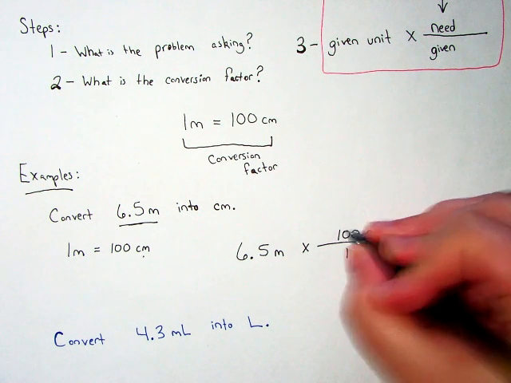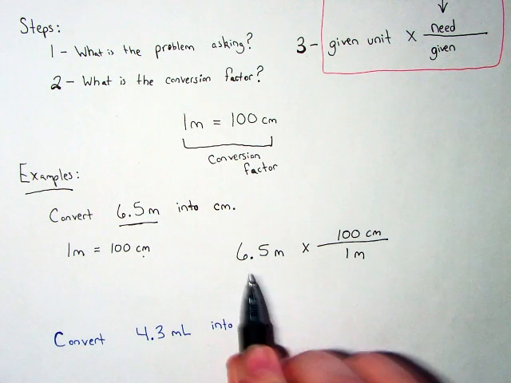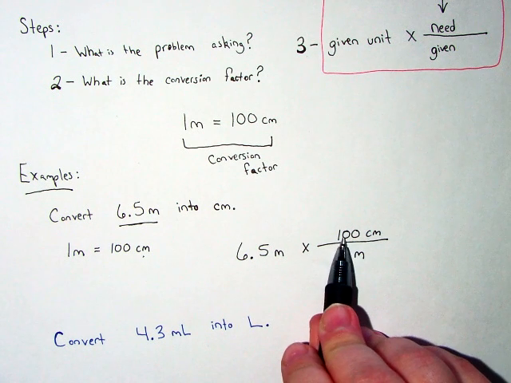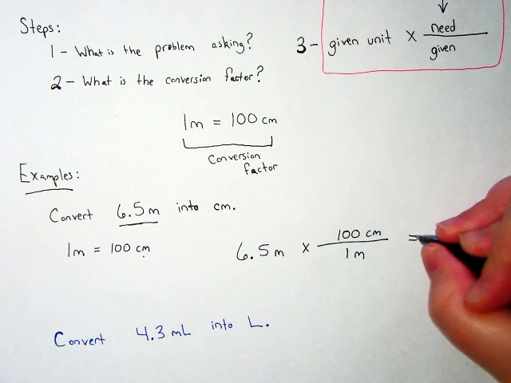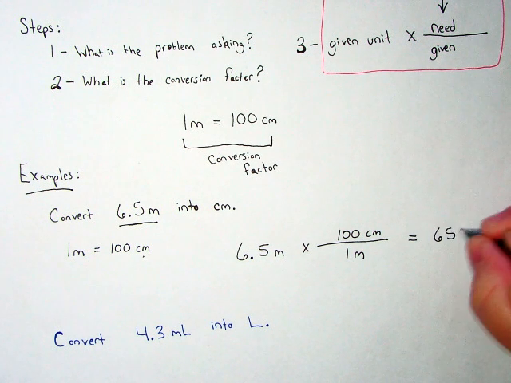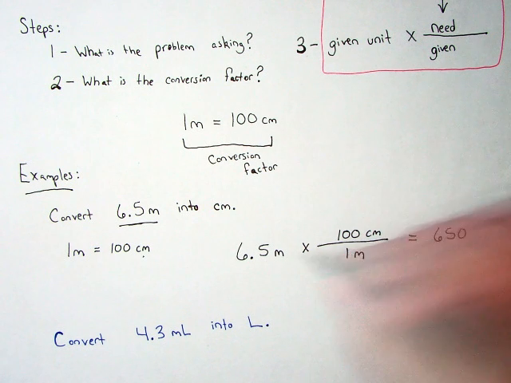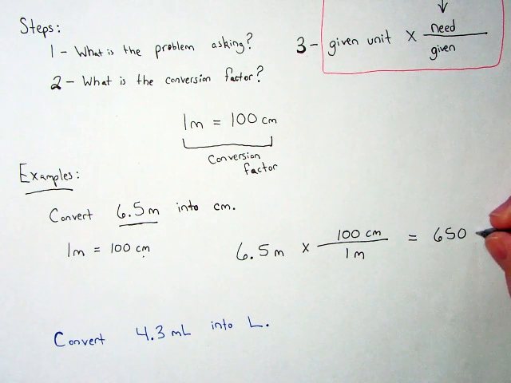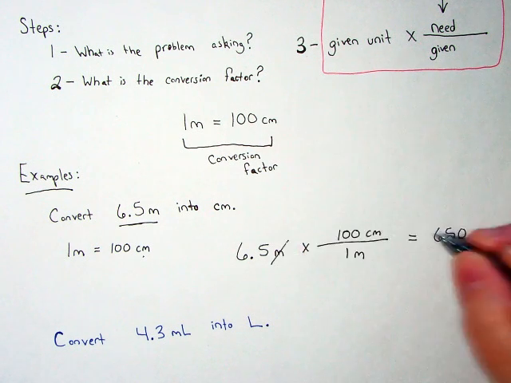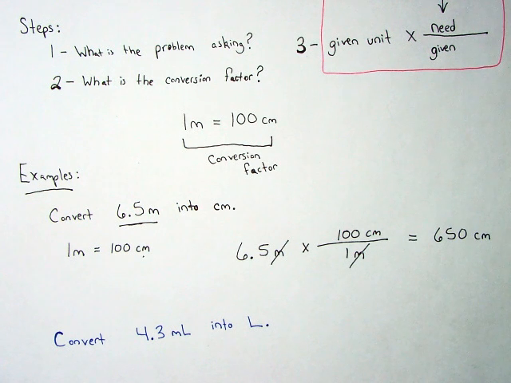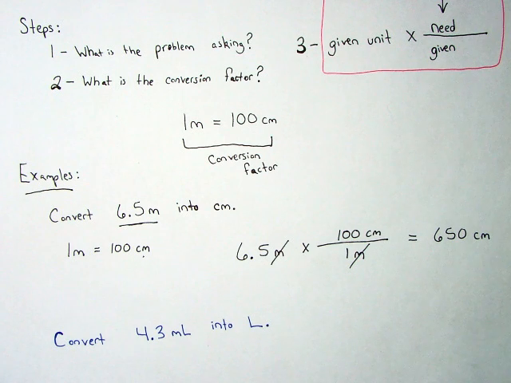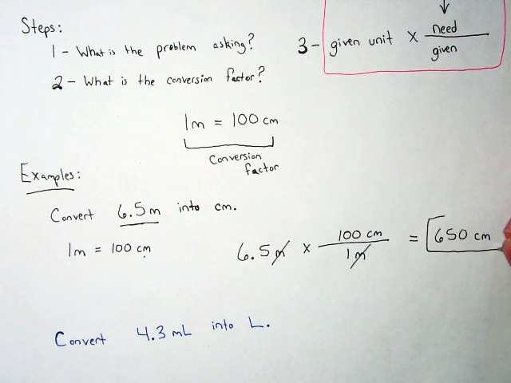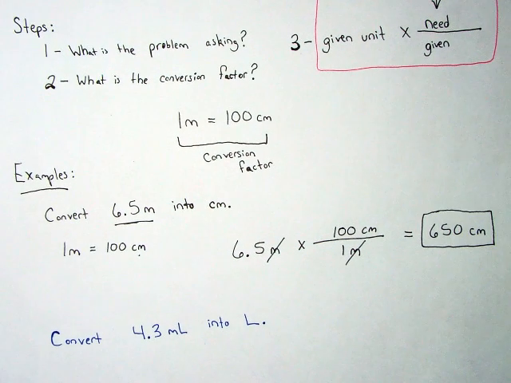Now I just have to plug it in to the calculator. 6.5 times 100 divided by 1 is equal to 650 centimeters. Notice that the meters on top, meters on bottom cancel out so that my only unit that is left is centimeters. That's good. That's what it's asking for in the problem. I'm going to box it in to show that I am finished with this problem.